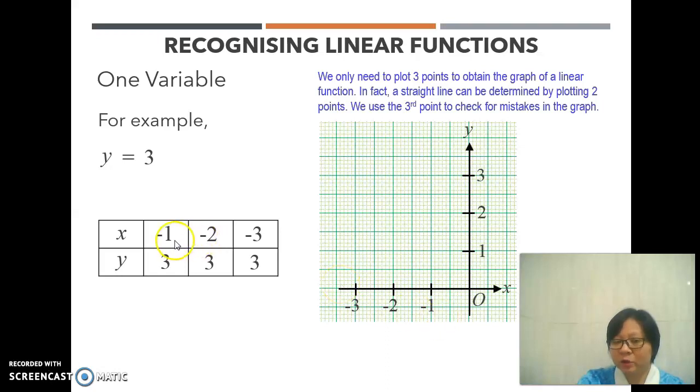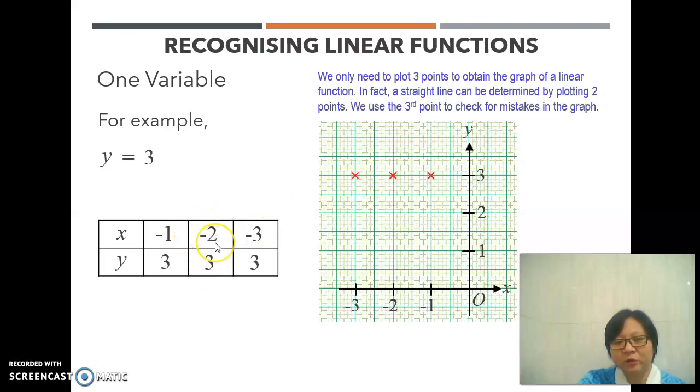Now let's start plotting the points. Let's take a look at this column. For the x coordinate -1, it means from the origin, go to the left one step and then climb up 3 steps. And then the next point is -2, 3.